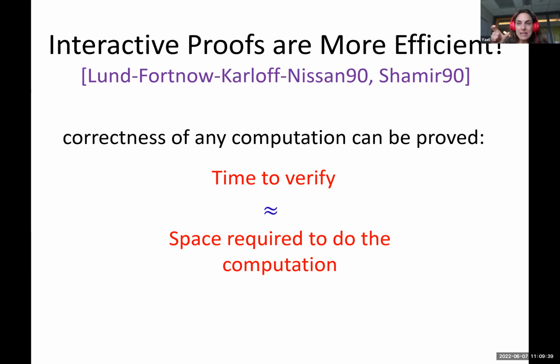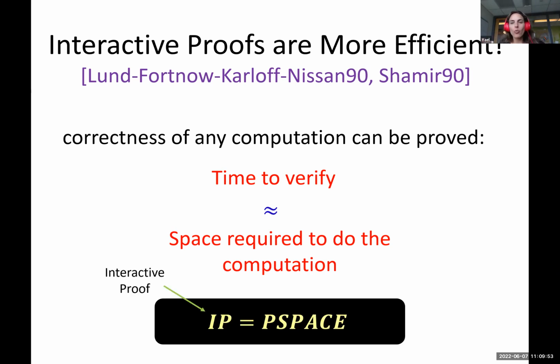So if the space is small, then the verification time is small. And that's the chess example, the space complexity is very small. That's why I gave that example. This is known as the celebrated IP equals PSPACE theorem.